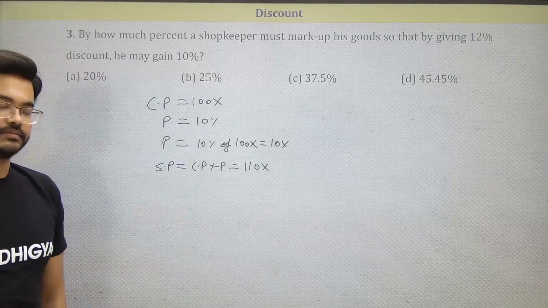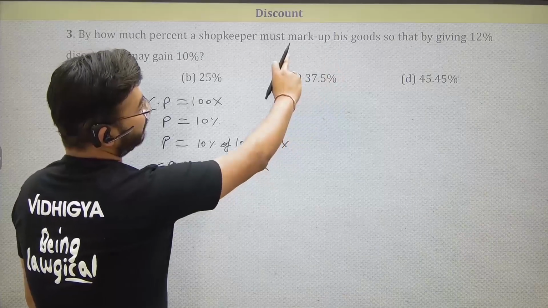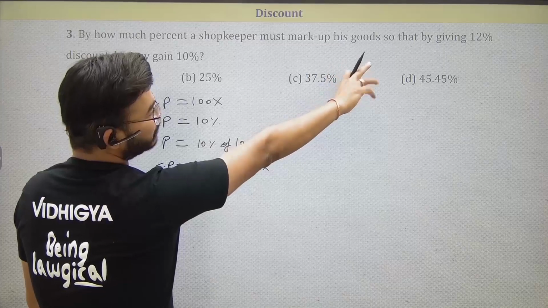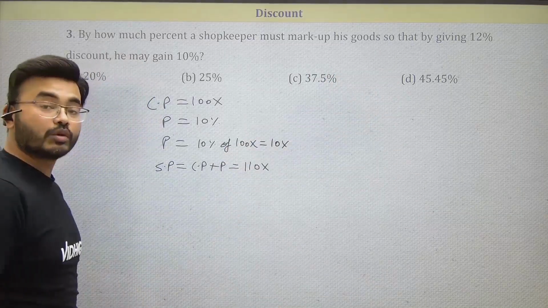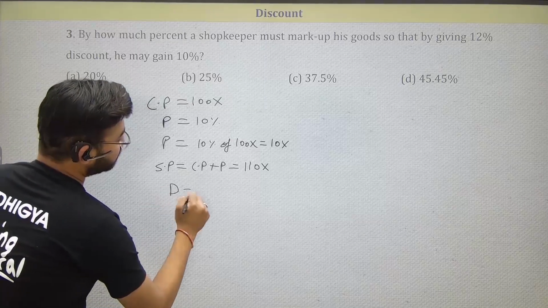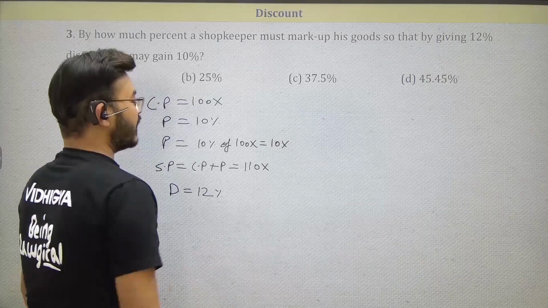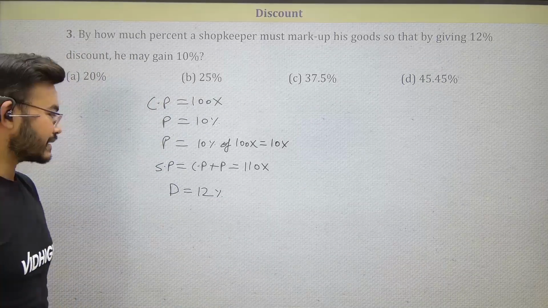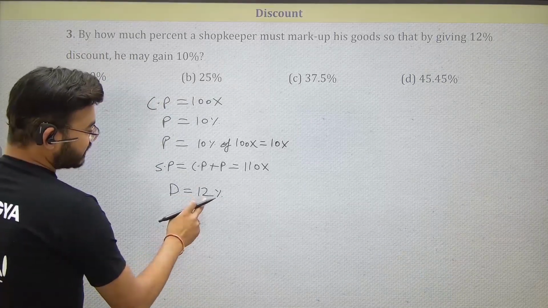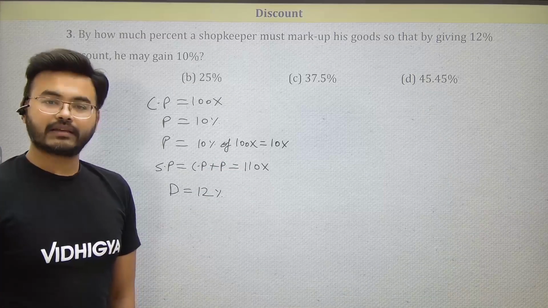So that will be equal to 110x, right? Now we know that the shopkeeper is giving a discount of 12%. Now we don't know what the marked price is, but we know that the discount given is 12%. So after giving 12% discount, we got this value of 110x.